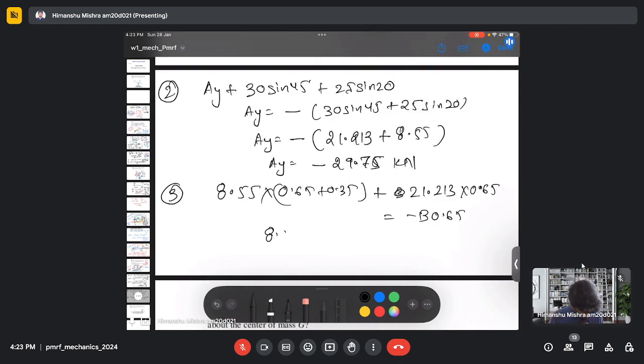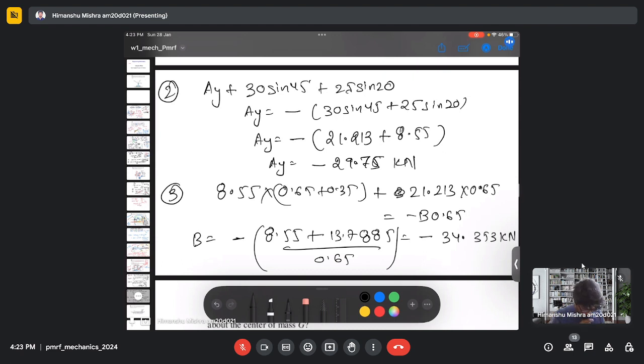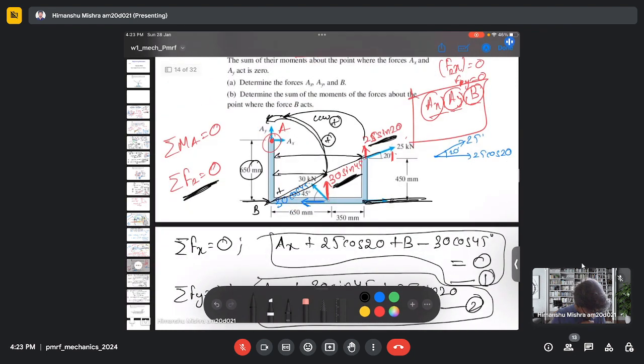So it will be 8.55 plus 13.7885 divided by 0.65, and this whole quantity is minus. So it will give me minus 34.353 kilonewton. So this is my B, which suggests that it is actually acting in the opposite direction.